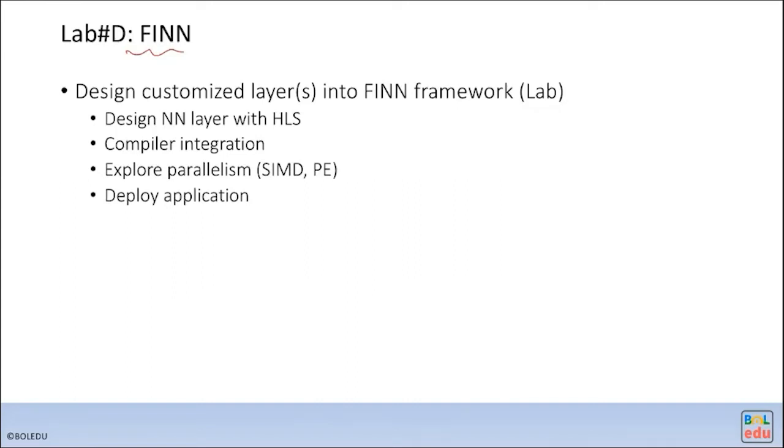Fin is based on the BNN, a binary, single-bit neural network. There are certain applications that run well with the BNN, not all applications. But for users at the edge end, many applications can use the BNN.